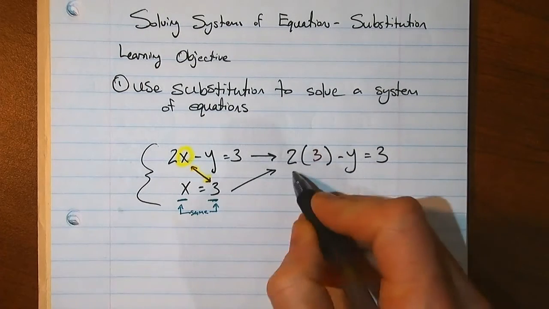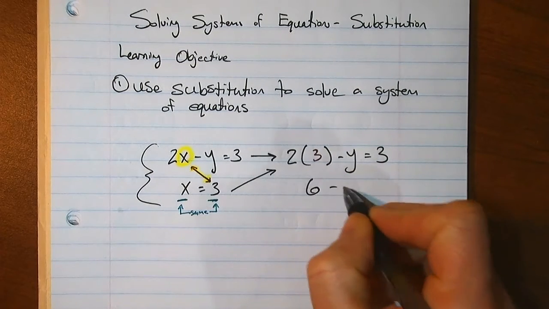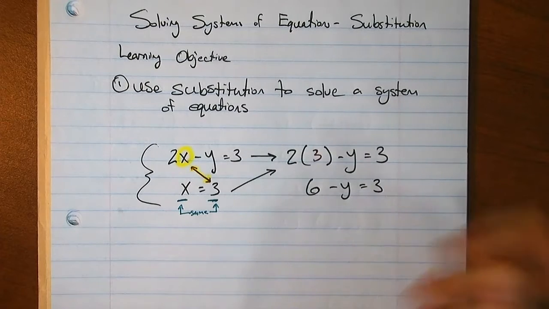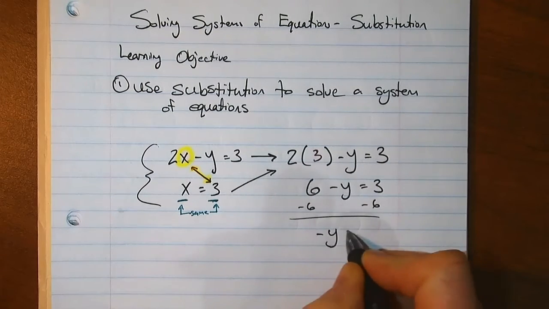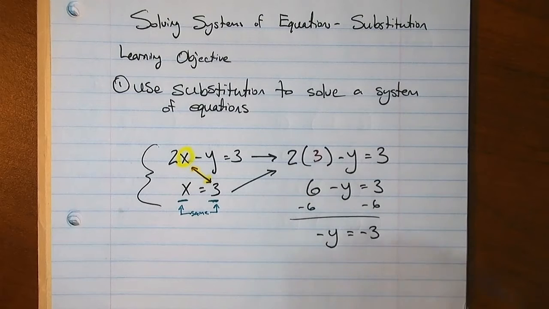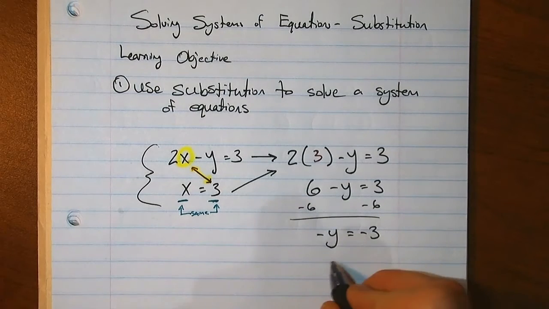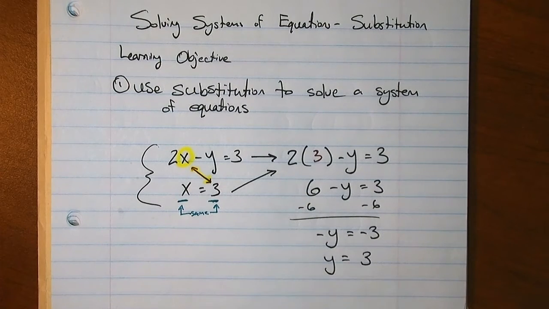So if I simplify this, 2 times 3, well, that's equal to 6. And then if I subtract 6 from both sides, I'll have that the opposite of y is equal to -3. And so therefore, taking the opposite of both sides, y is equal to +3. Okay, so that's a pretty easy, handy way to figure out y.